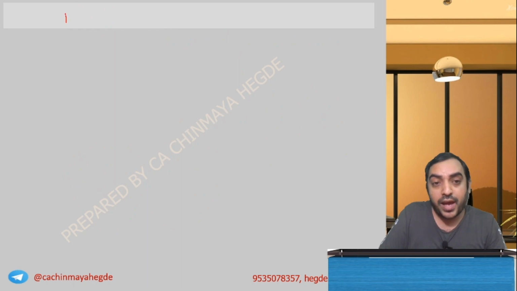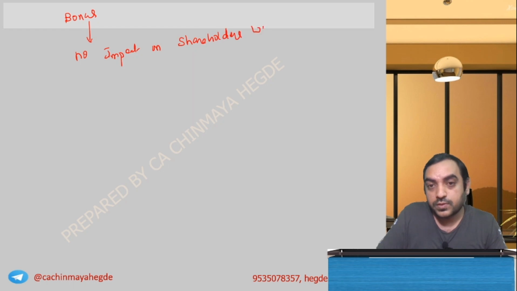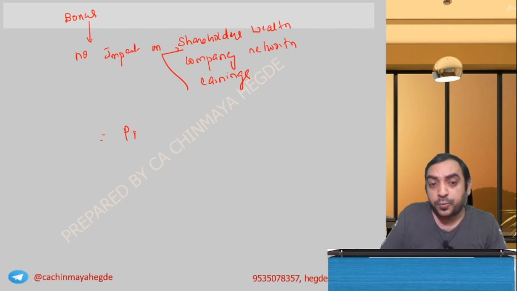So bonus impact is no impact on shareholders' wealth, or company net worth, or on earnings. No impact.